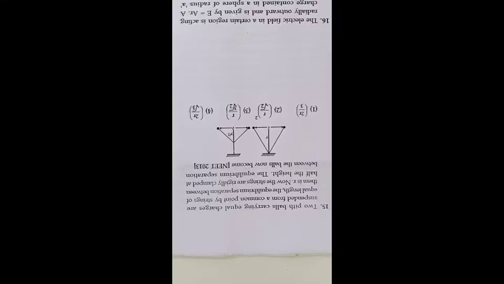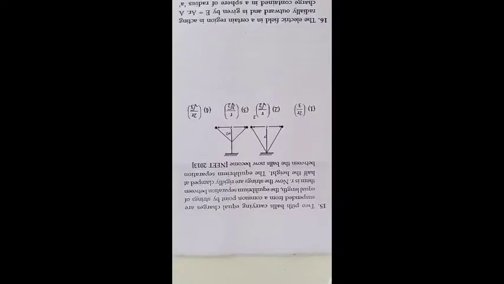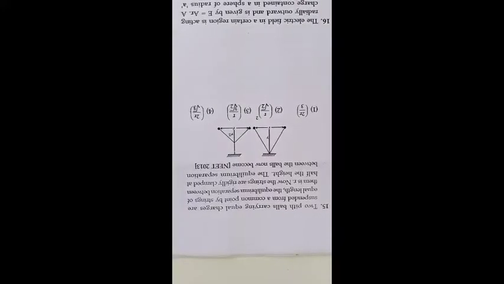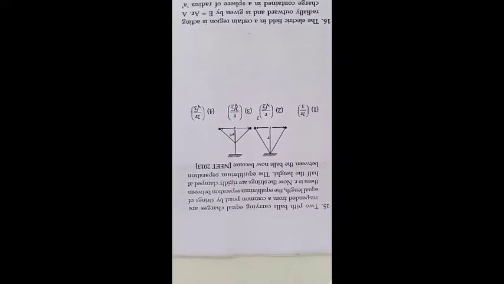The equilibrium separation between them is R. Now the strings are rigidly clamped at half of the height. The equilibrium separation between the two balls now becomes, okay.